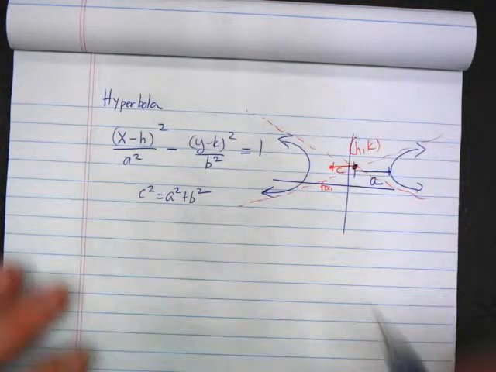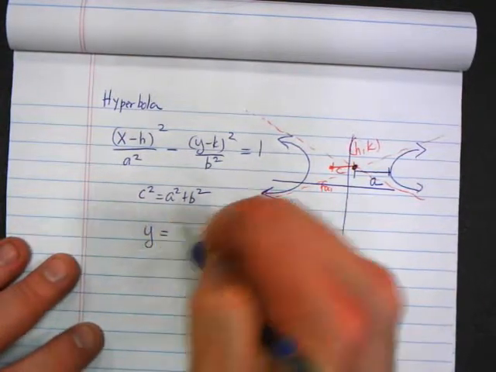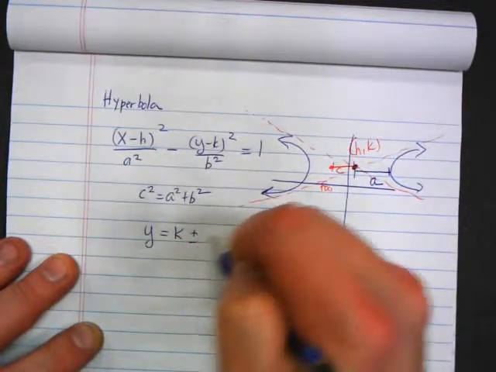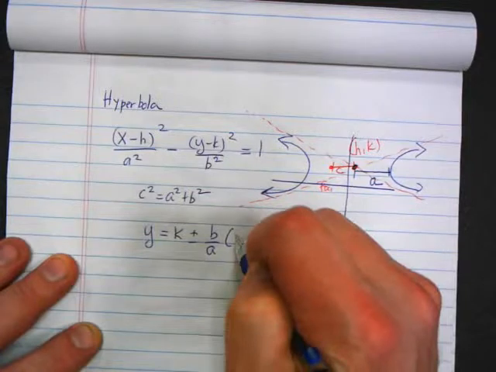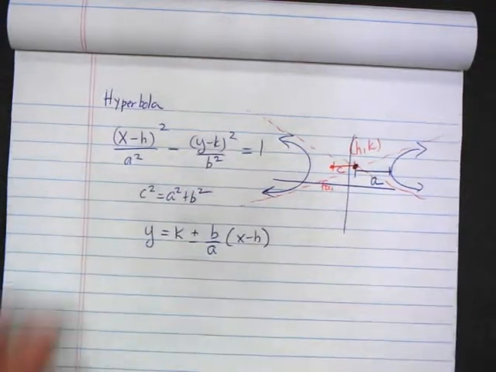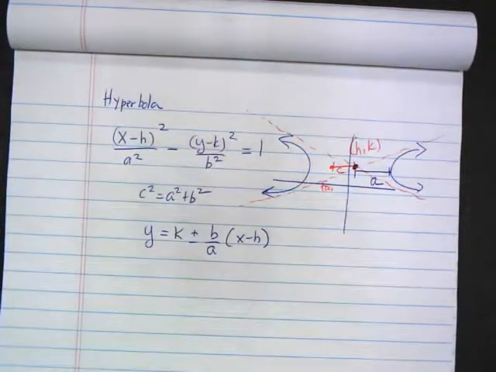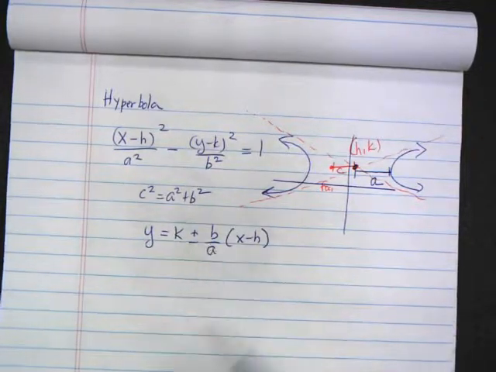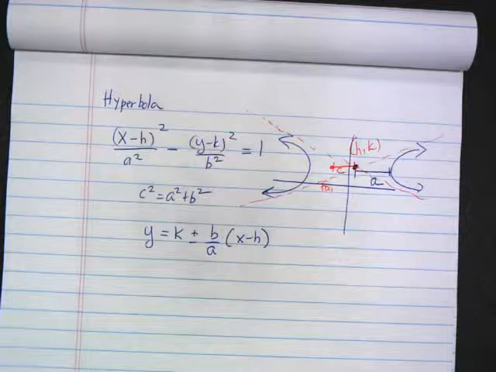The equation of your asymptotes in this case is going to be y equals k plus and minus b over a times x minus h. So you have one with positive slope, that's the plus b over a, and one with negative slope, that's the negative b over a.